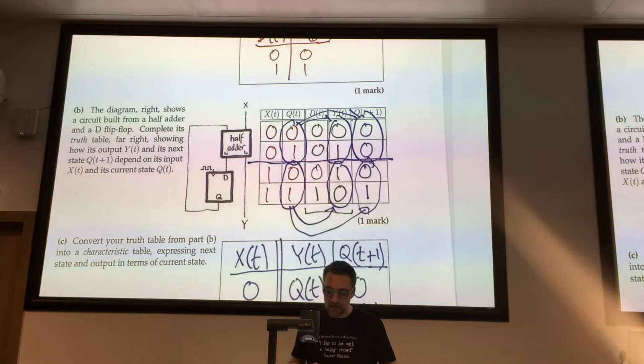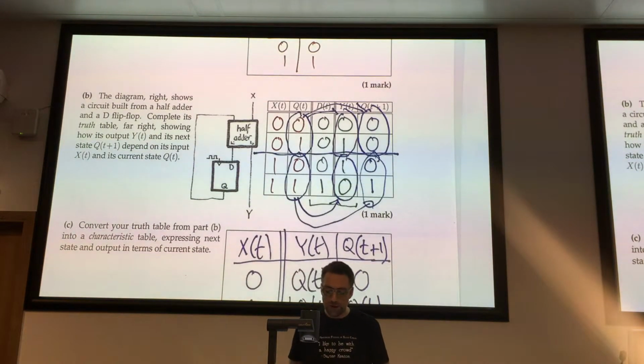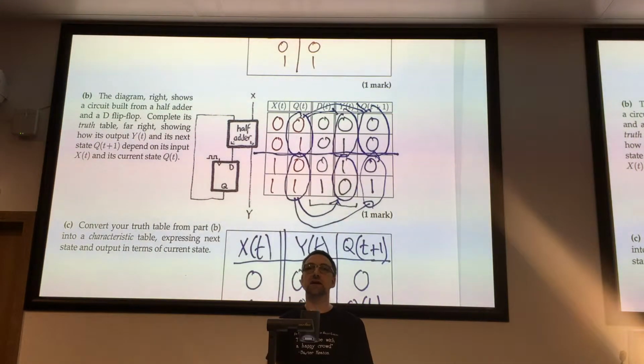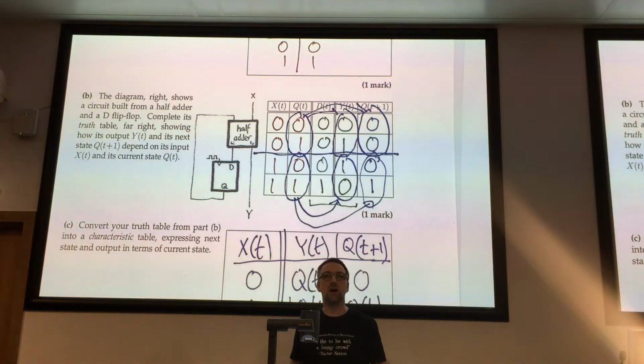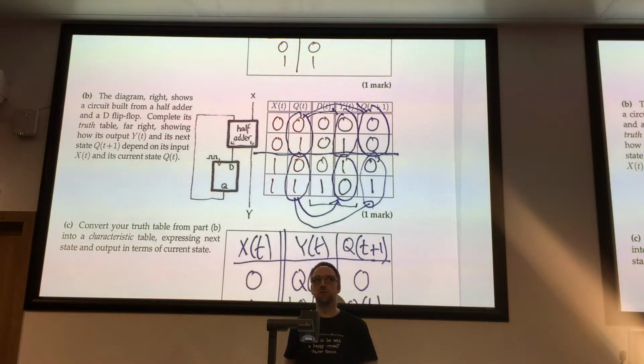So it's interesting that what we've got here is, in terms of what happens to q of t, it either stays the same or it becomes 0. And then once it has become 0, it'll either stay the same or become 0, which means it will always be 0 forevermore.